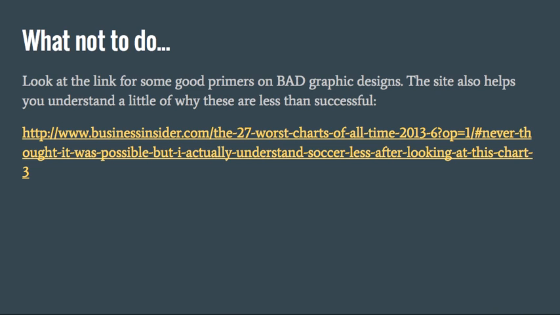So sometimes it actually helps you design better when you can look at stuff that was designed badly. Because it's a lot easier to look at something that was done badly and point out why it's bad than it is to look at something that was designed well and point out why it's good. Because good design falls into the background. It almost becomes invisible, and you just get the experience of being in the data or being in the visual. But with bad ones, there's obviously a wrench in the system, and that's easy to find.